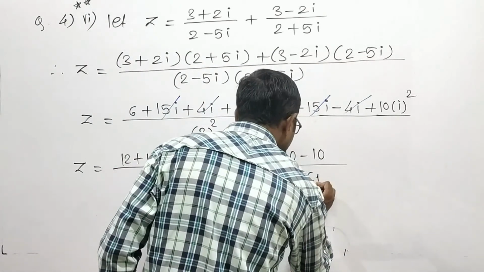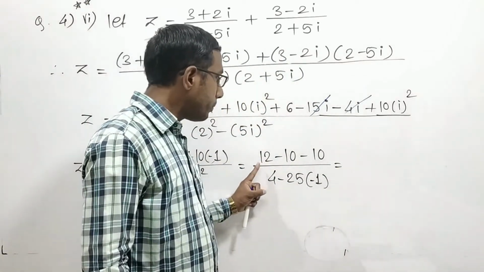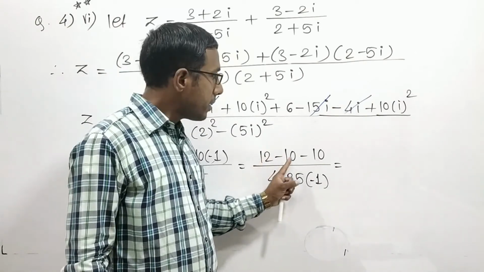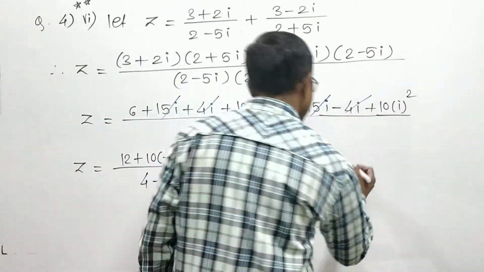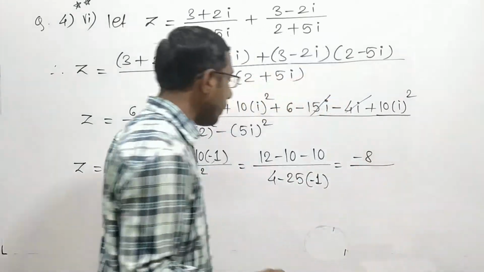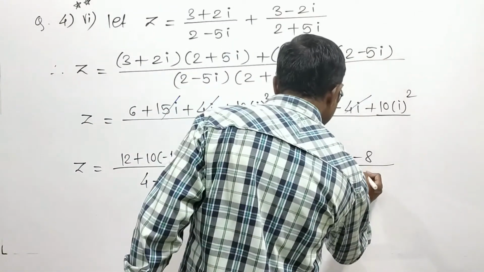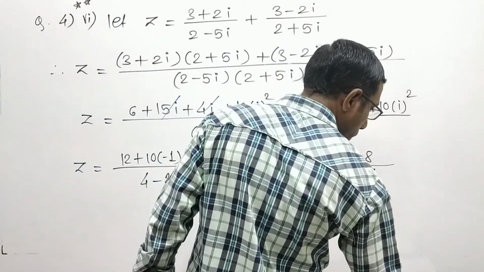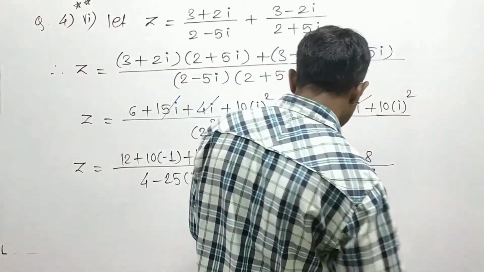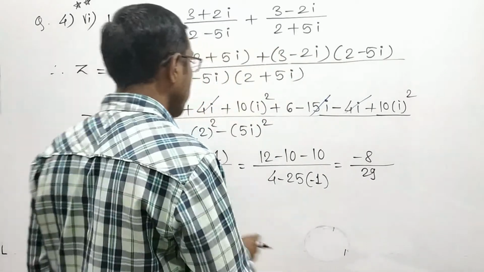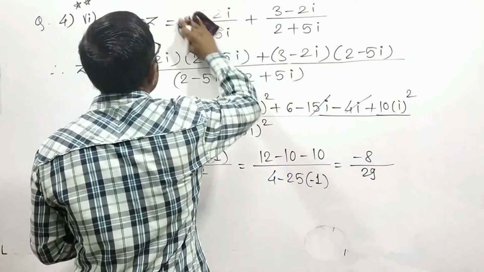Now 12 minus 20, it's minus 8, divided by, minus of minus plus, now it will be 4 plus 25 as minus 29. So therefore z is equal to what is z?